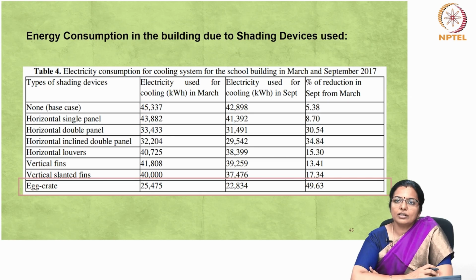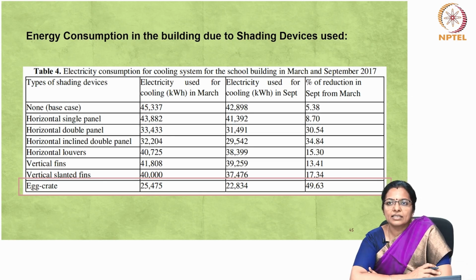The horizontal inclined double panel ranks second in efficiency, while the horizontal single panel demonstrates the least effectiveness, saving only about 1455 kilowatt hour.